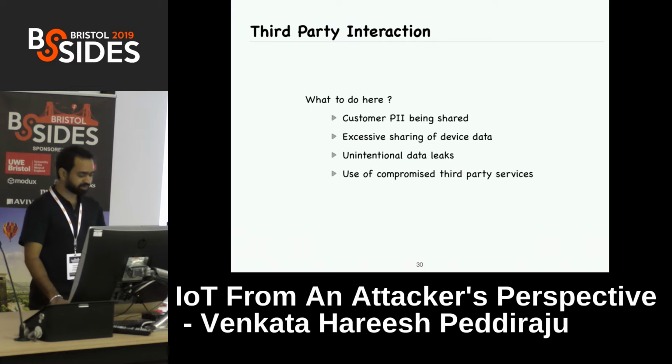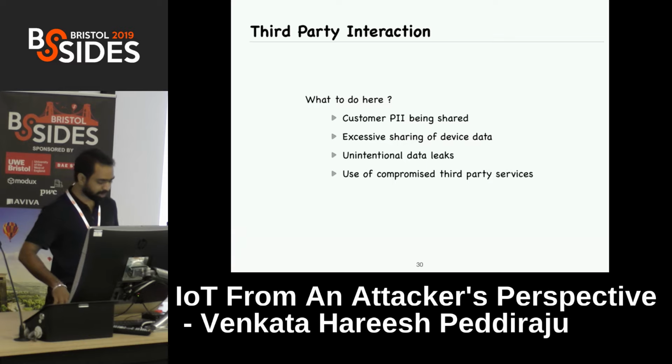Third-party interaction. This is a new attack surface when it comes to an IoT solution. This is where Samsung, Google, and Amazon try to work together, work in tandem, and share their data.